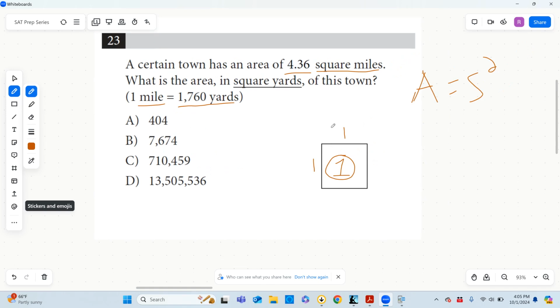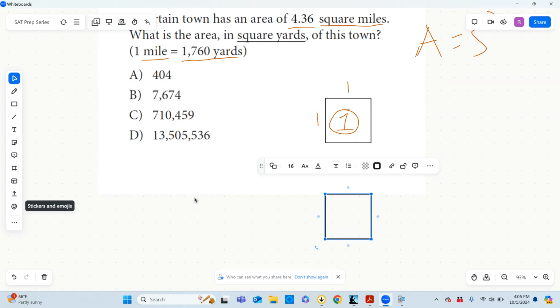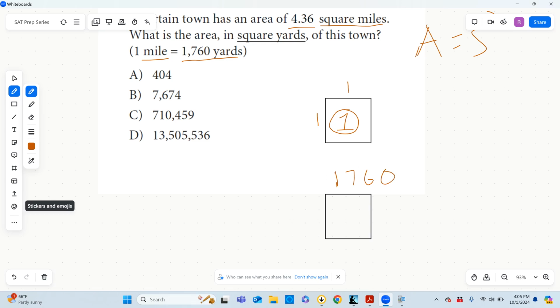So let's figure out how many square yards there are in 1 square mile. Let's draw another square. Maybe we can copy this one. And this time, instead of writing the units in miles, let's convert it to yards. Well, if 1 mile is 1,760 yards, then another side of this square would also be 1,760 yards.